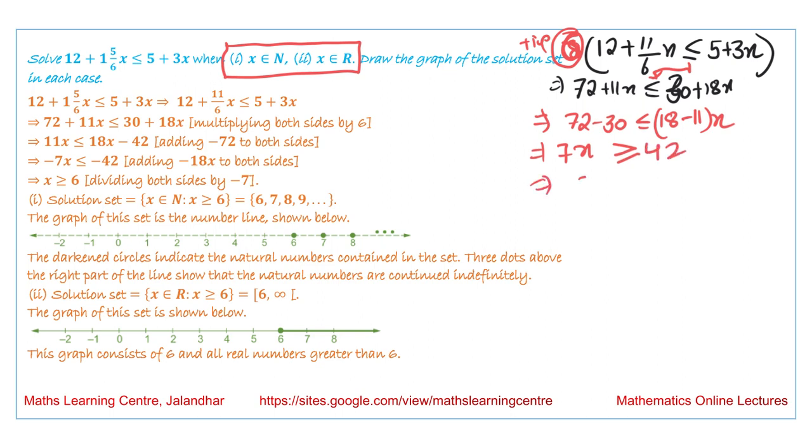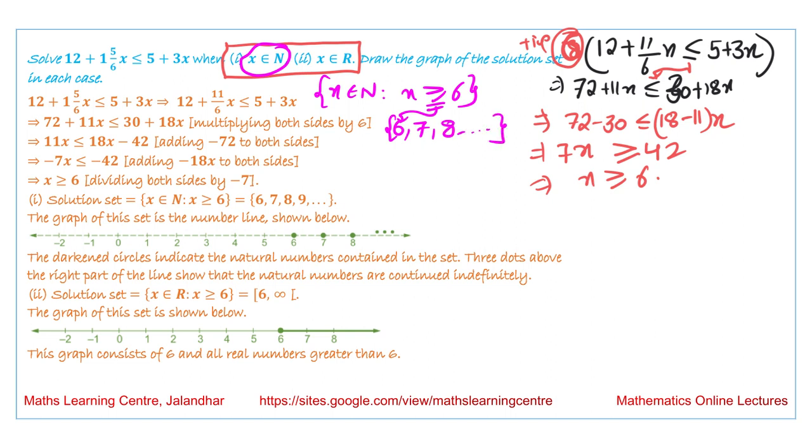So this implies x is greater than or equal to 6. Now look at this replacement set. We are saying x belongs to N, and x is greater than or equal to 6. So we are talking about the number 6. There is an equal to sign over here, so 6 is included, then 7, 8 and so on.